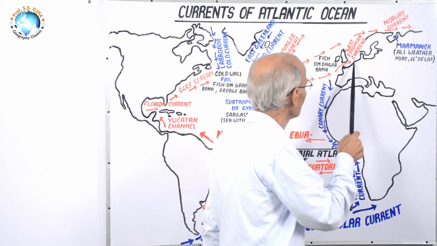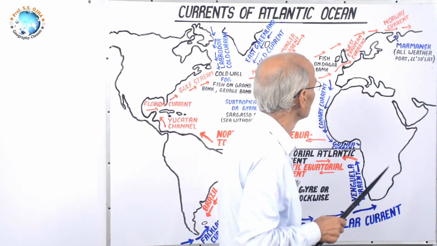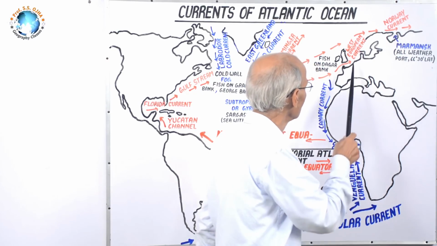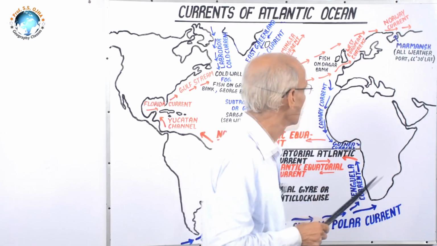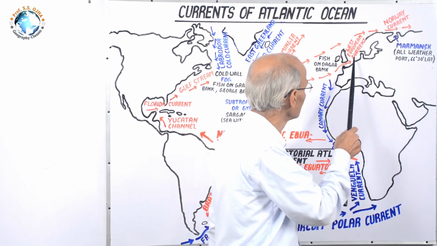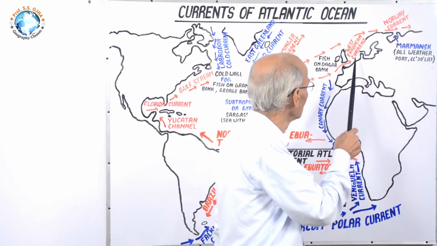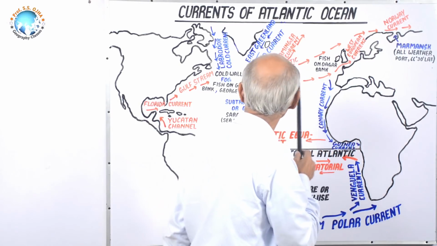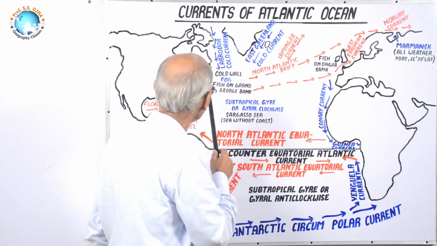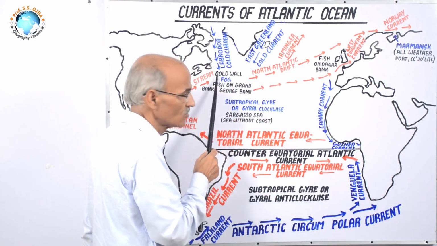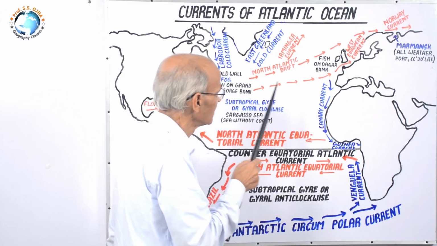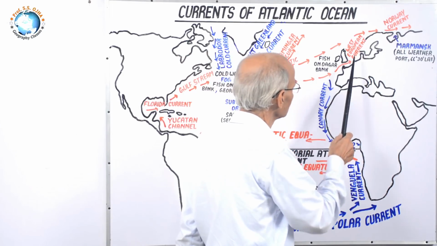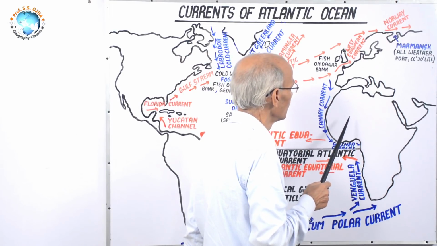When this warm water and the North Sea cold water meet, here again fish are found. And here it is also shallow water of the North Sea, because as the oceanic water near Labrador is shallow, in the same way this water of the North Sea is also shallow.